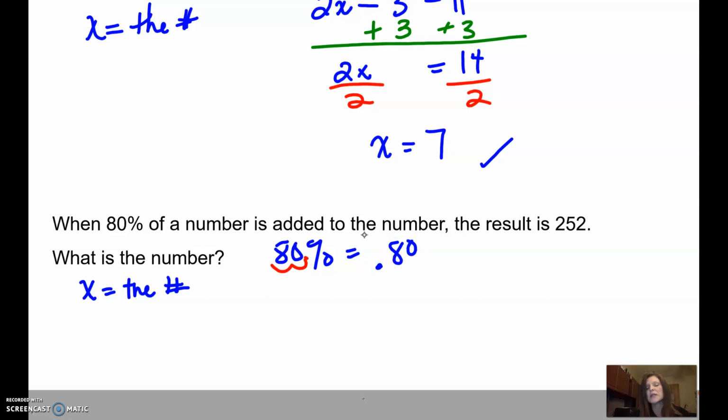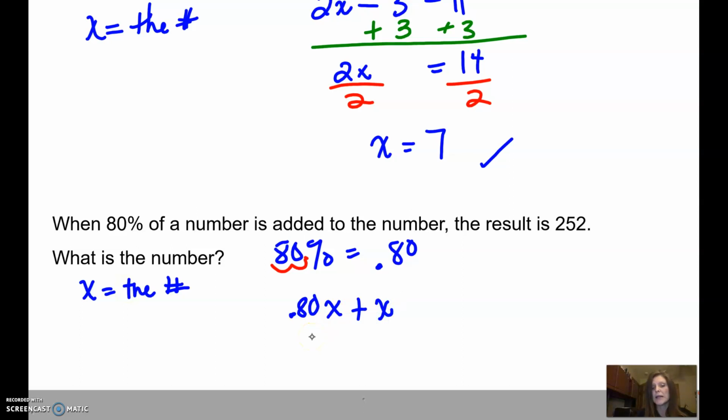Okay, so 80% of a number. So I'm multiplying that times my number, and it's added to the number. So 80% of the number, that's 0.80 times my x, my number, added to, adding the number. What was my number? Well, that's where I've got my side note here. x is the number.